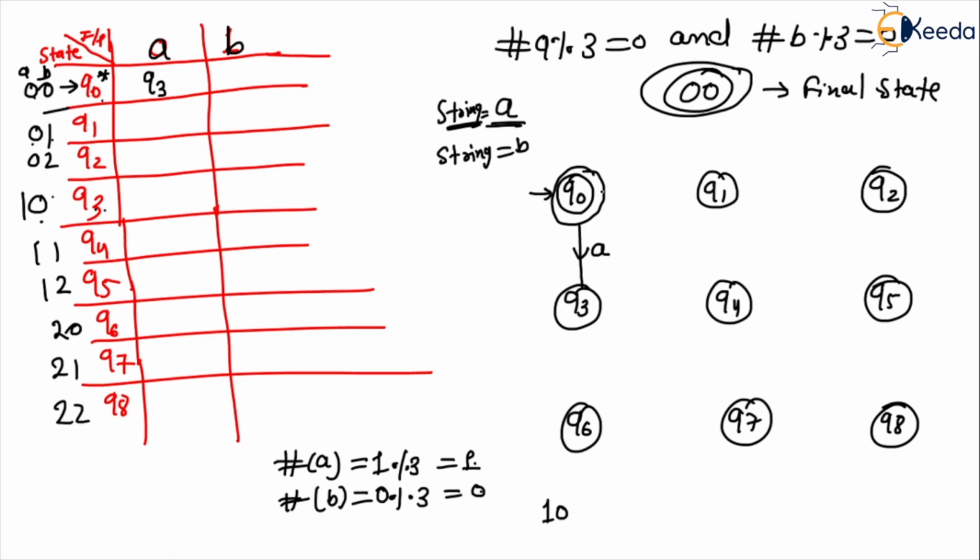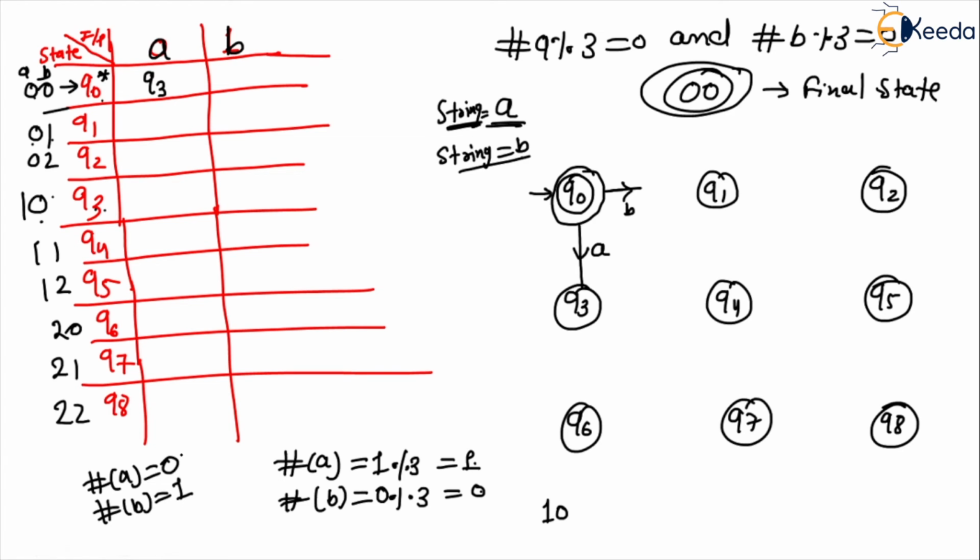means when we apply the input B on the Q0 state, what is the transition? Got it? So in this particular case, the number of A in this string is 0, and the number of B in this string is 1.